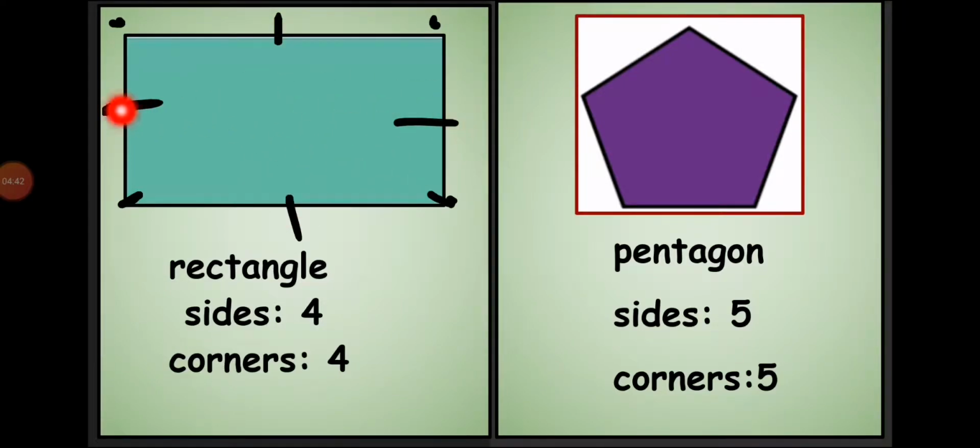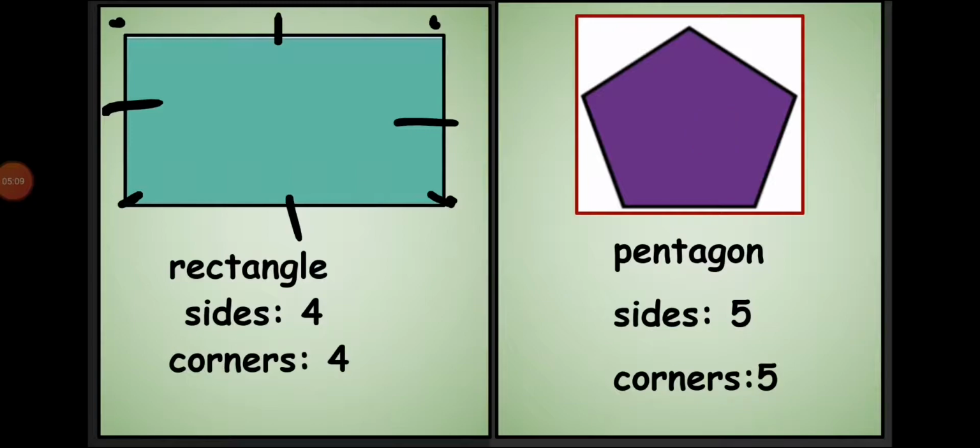So a rectangle is a 2D shape in geometry having 4 sides and 4 corners. The opposite sides of a rectangle have the same length and are parallel. Let me tell you some examples. The examples of rectangle are books, LED TV, tabletop, and so on.